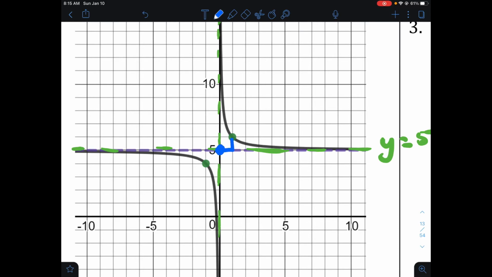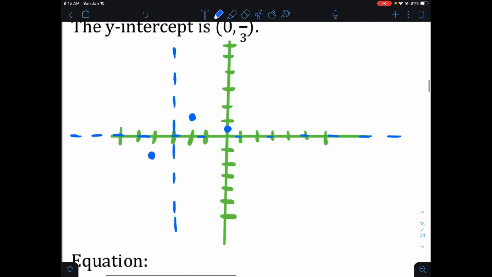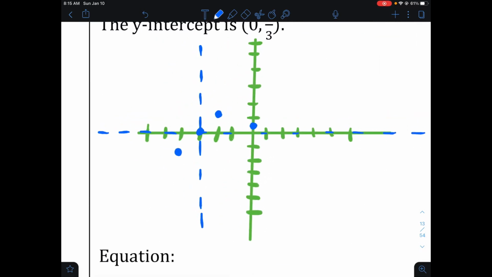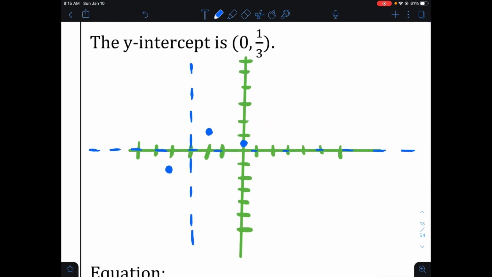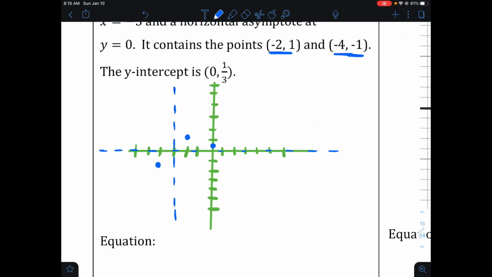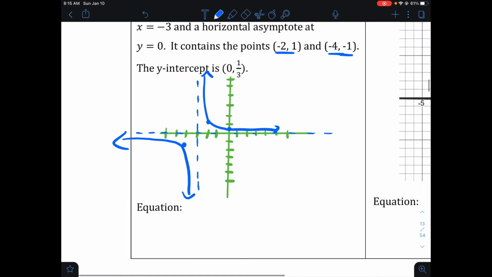If you don't, that tells you there's a stretch or compression. Here, if we go to our center and we go 1, 1, we hit our point. So that tells us that there is no stretch or compression. We are going to do some problems where there is a stretch or compression, but not yet. I should say just not this one. So we go ahead and draw that in, and this is what our function would look like.